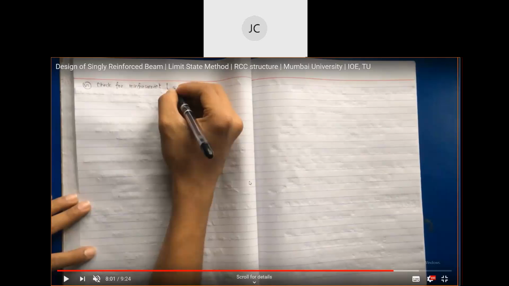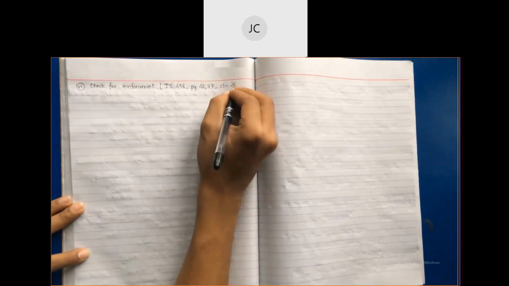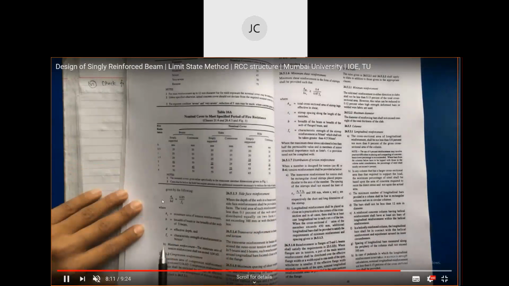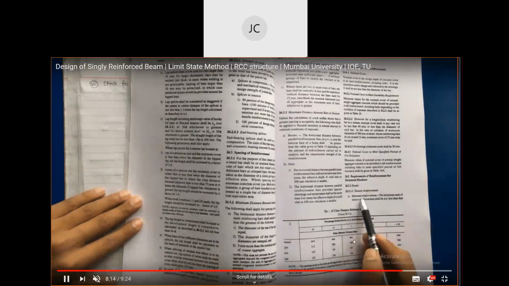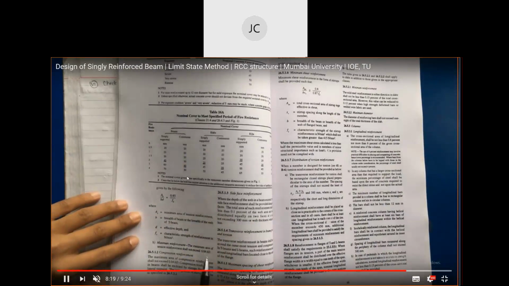The minimum amount of reinforcement is given by a formula. You will write everything here, page number 46, 47, clause number 26.5, tension reinforcement. This is the formula by which we can find out the minimum amount of reinforcement.